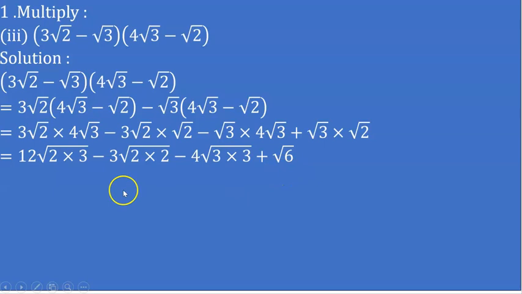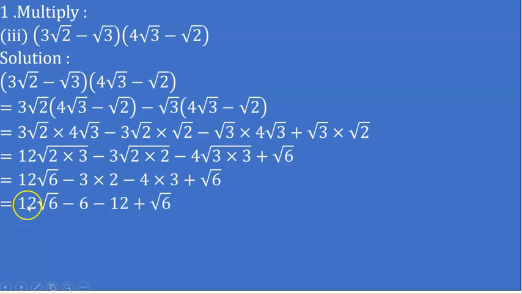Then you will get 6. Next, that is 12 root 6 minus root of 4 means what? 2. Root of 4 is 2, therefore 3 into 2. Next minus 4, root of 3 into 3 means what? 9, and root of 9 is 3, that is 4 into 3, and last root 6.